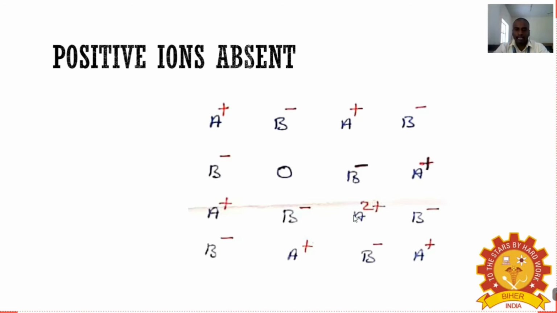This cation has 2 plus, so this vacancy can be nullified or neutralized by this 2 plus. This type of crystal defect is called positive ion absent defect. Actually here one positive cation is absent, but that absence was covered by this 2 plus cation. This type of crystal defect is called a positive ion absent defect.